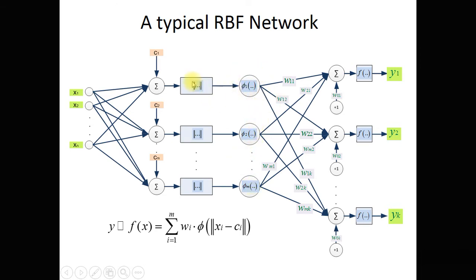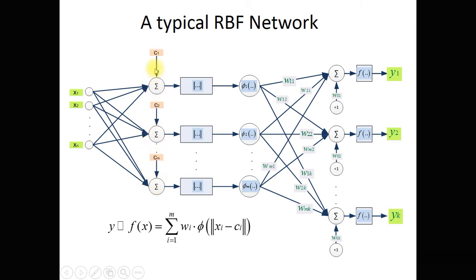We find the Euclidean distance, which becomes the argument for this function, and correspondingly we get the generated values. So essentially we find the Euclidean distance with respect to these centers.